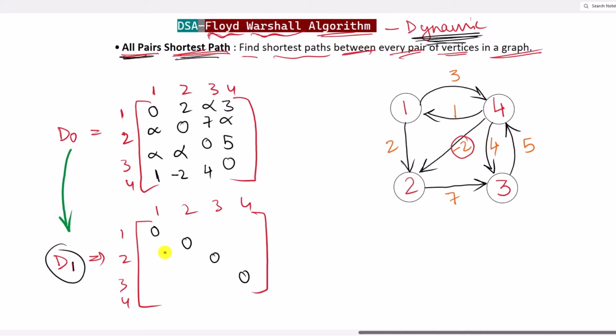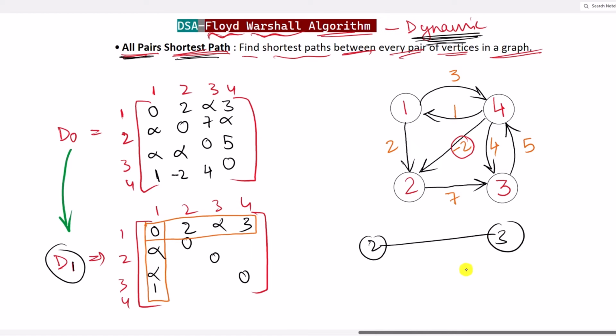So in this case, we're gonna derive this D1 from this D0. In this D1 we are using the vertex 1 as the intermediate. So that means the vertex 1 row and column values will stay as they are. Suppose you are going from 2 to 3. The direct cost from 2 to 3 is 7.